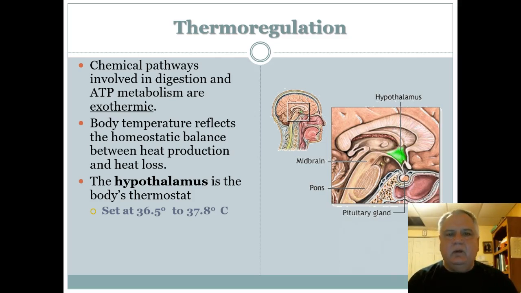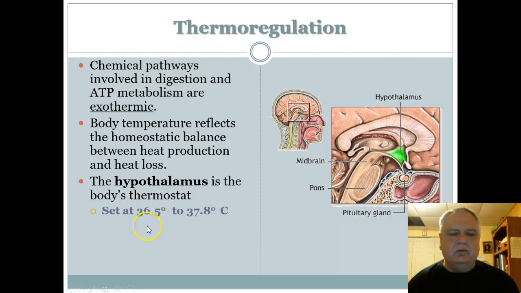The hypothalamus keeps your body temperature set between 36.5 and 37.8 degrees Celsius. So if your body temperature goes above 37.8 degrees Celsius, the hypothalamus will send out signals that will cause body physiology to change in such a way as to bring that temperature back down towards 37.